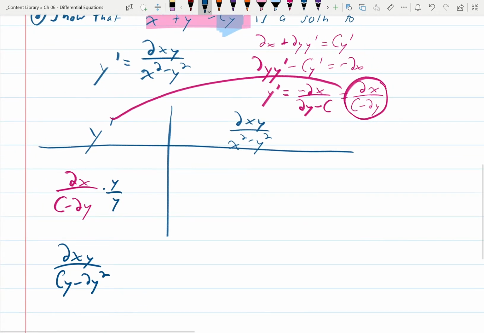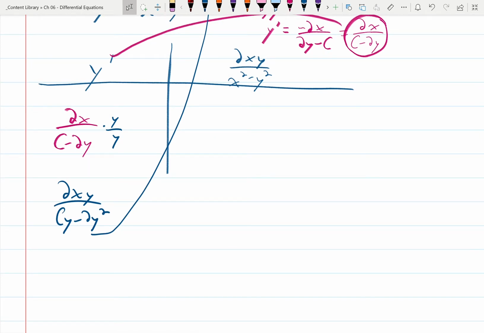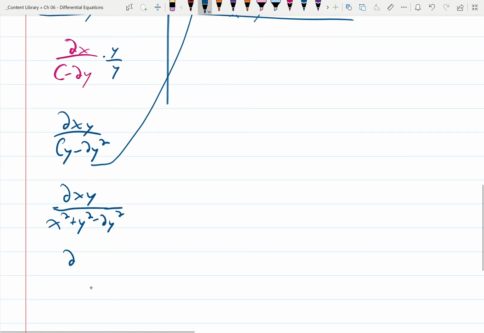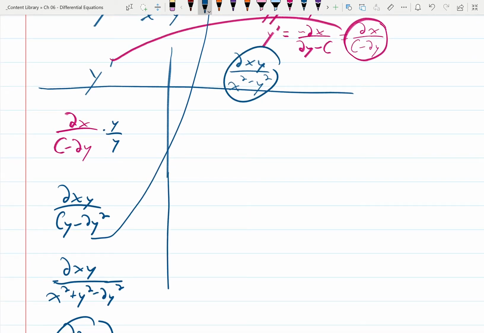And cy is equal to x squared plus y squared. So you get 2xy over x squared plus y squared minus 2y squared, and that is the same thing as 2xy over x squared minus y squared, which is the right side, and you're done.